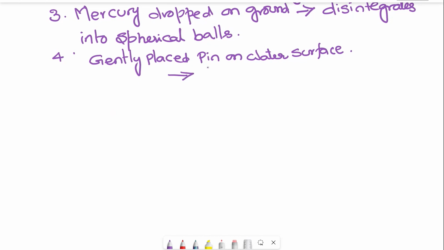Again, that means the surface behaves like a membrane.